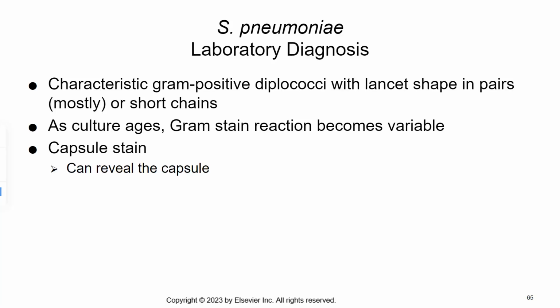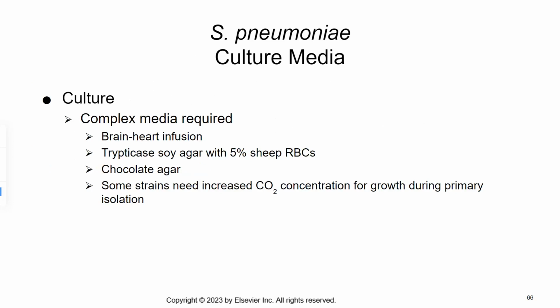Laboratory diagnosis: characteristic gram-positive diplococci with lancet shape in pairs or short chains. As the culture ages, so as it sits longer, the gram stain reaction becomes variable, and a capsule stain can reveal the capsule. Culture: complex media is required, so brain heart infusion, trypticase soy agar with 5% sheep blood, in other words, SBA, chocolate agar.